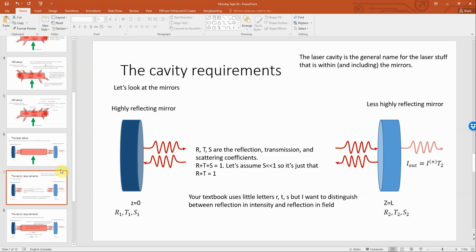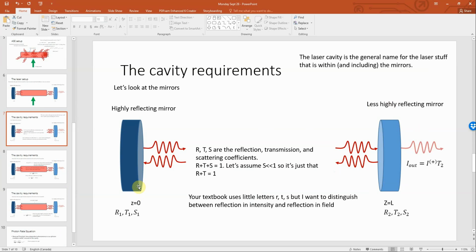So let's look at these mirrors a little more closely. The mirror on the left we'll call R1, T1, and S1, where R1 is the reflection coefficient, T1 is the transmission coefficient, and S1 is the scattering coefficient. Typically you want your mirrors as clean as possible, so you want S, the scattering, which is like a dust particle or a pockmark on your mirror, to be as close to 0 as possible.